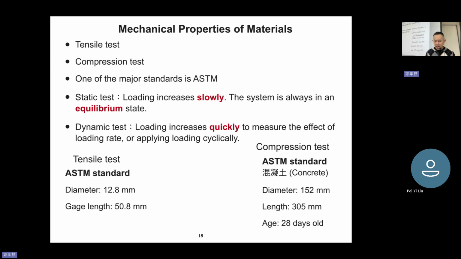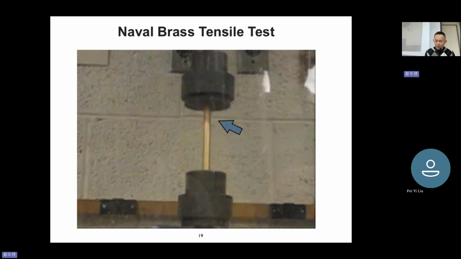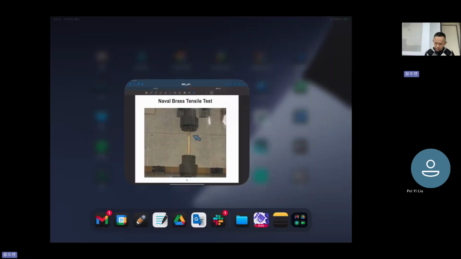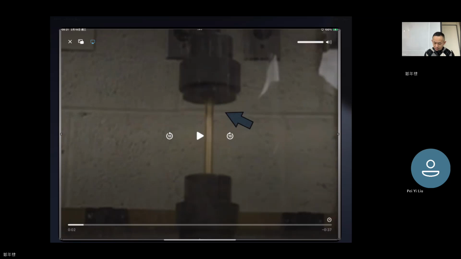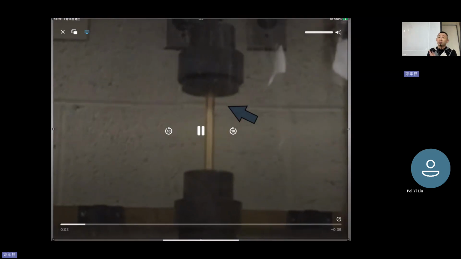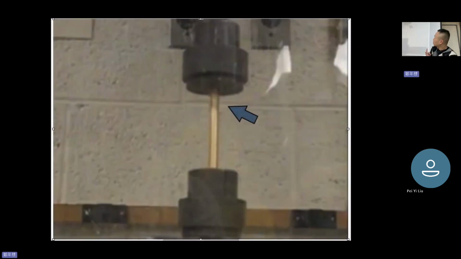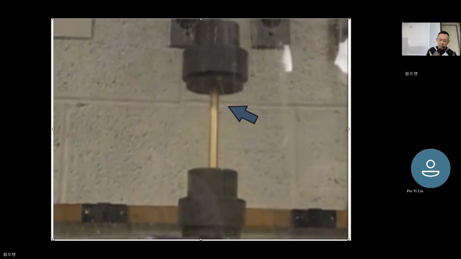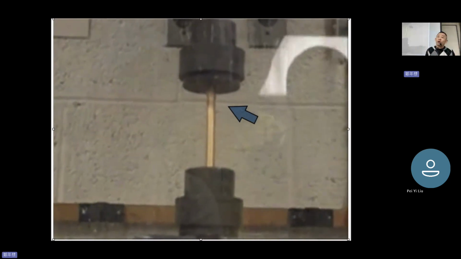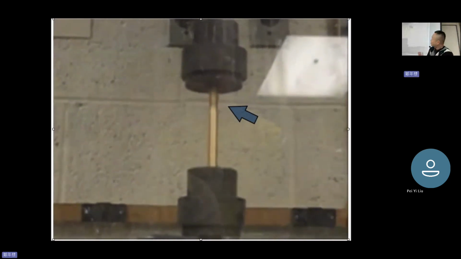All right. So next, we have a tensile test to the breaking point. Let's take a look. I believe you saw this video previously, and you all know what will happen.